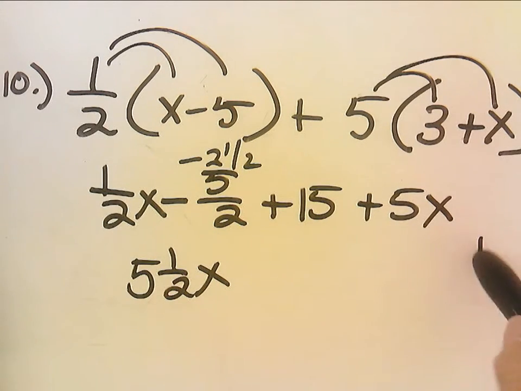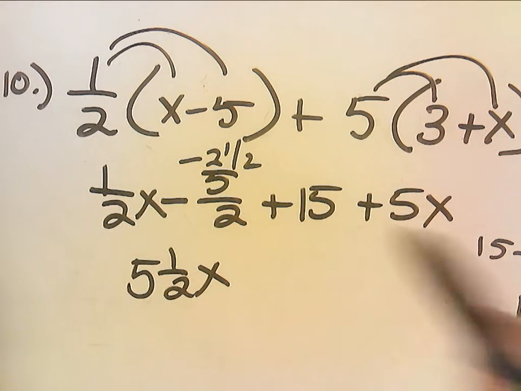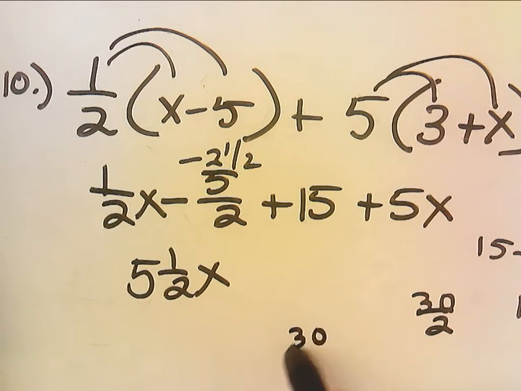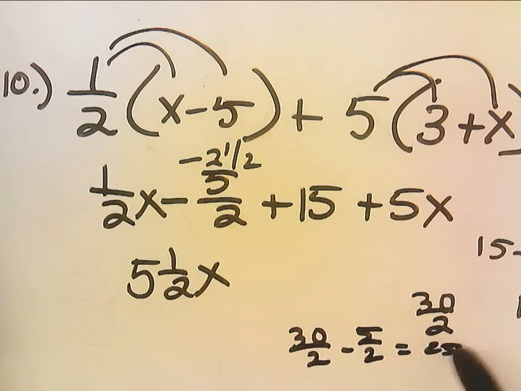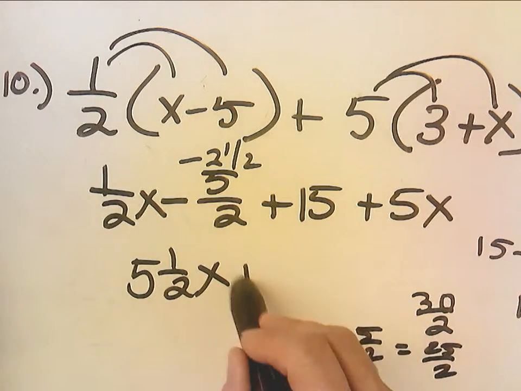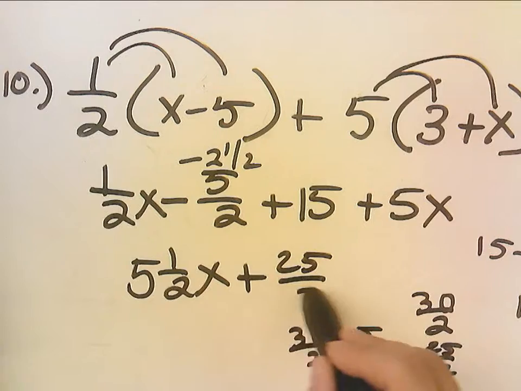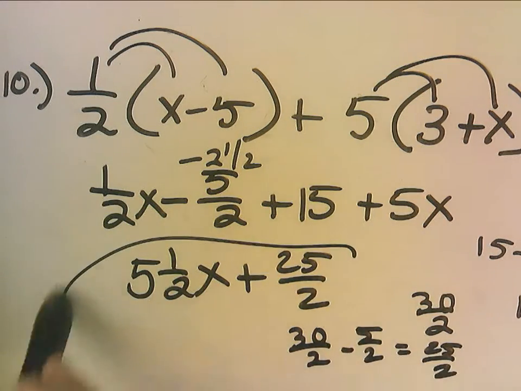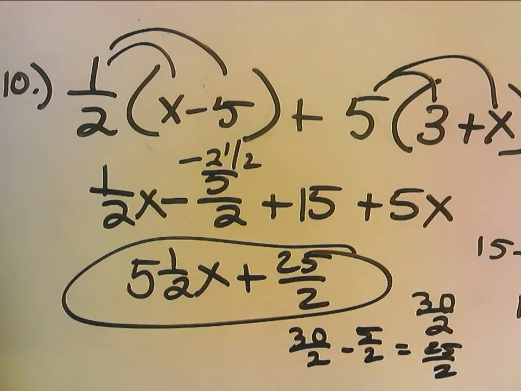So I could do 15 minus 2 1/2, which is 12.5. Or I could change 15 into 30/2. And then I have 30/2 minus 5/2 is 25/2, which turns out to be 12.5 anyway. So either way is fine. But your final answer would be 5.5x plus 25/2.